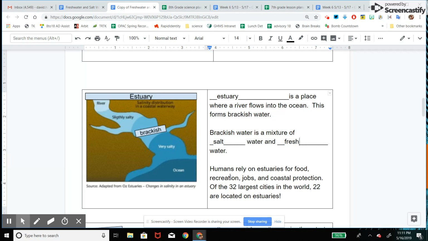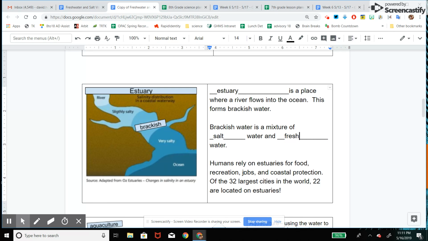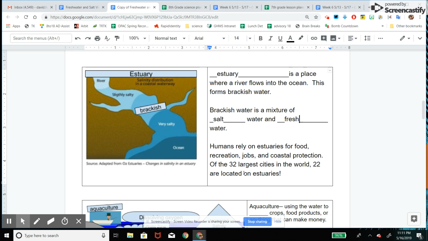Of the 32 largest cities in the world, 22 are located on estuaries. So estuaries have been important from the beginning, and they're great places to live as far as getting in and out of traffic from the ocean, from the rivers, but also growing and things that grow and live there that don't live anywhere else because that water is unique.